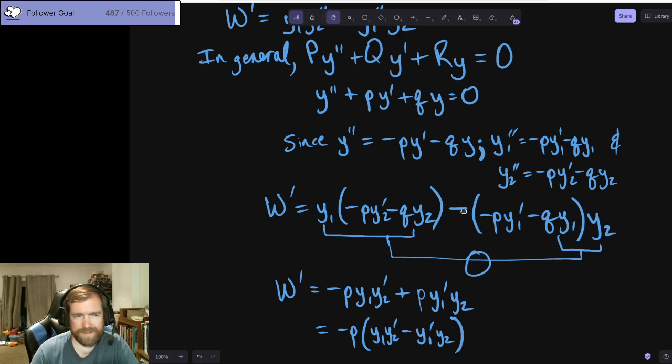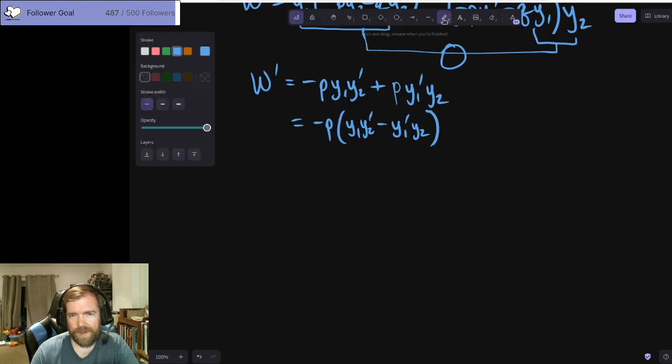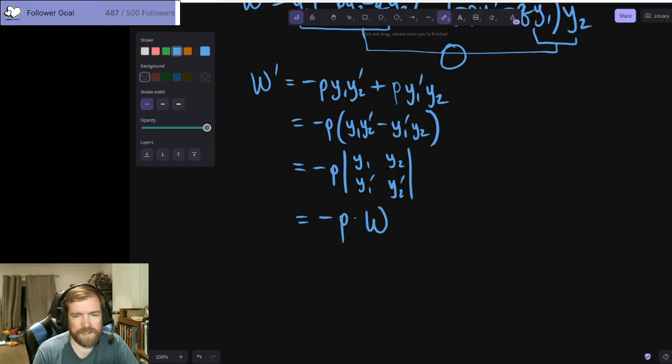It's going to be equal to negative p times the determinant of y1, y2, y1 prime, y2 prime, which is negative p times the Wronskian itself.